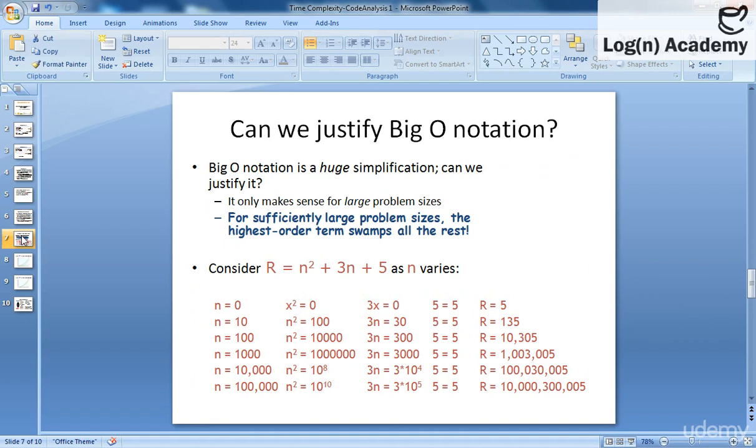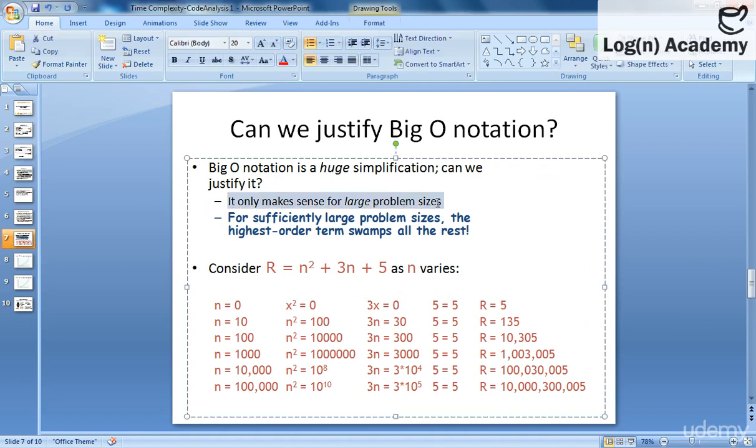Now here is the justification. Can we justify big O notation? Big O notation is a huge simplification. Can we justify it? Yes, we can. How? It only makes sense for larger problem sizes, right?